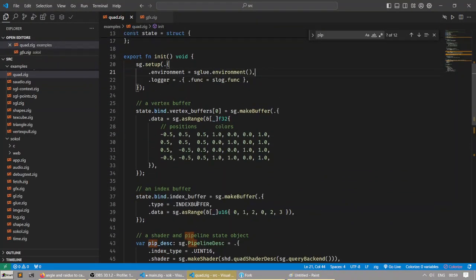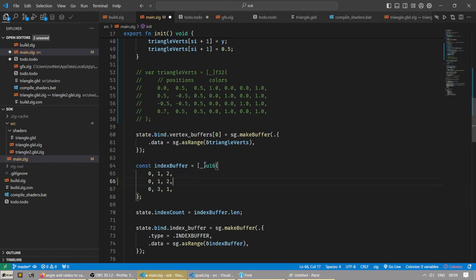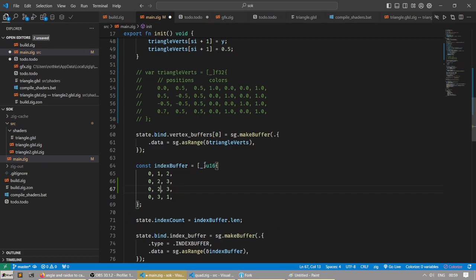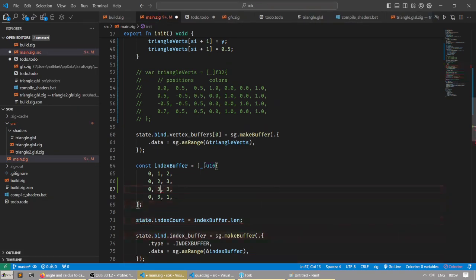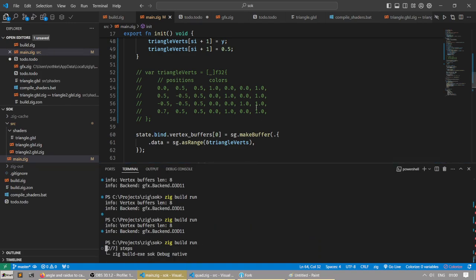So let's do that. 0, 1, 2, 0, 2, 3, 0, 3, 4. Okay, there we go. Well, that's enough, I think. Three triangles should be enough.